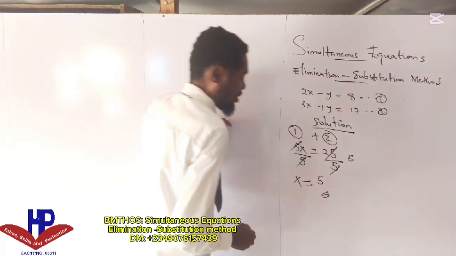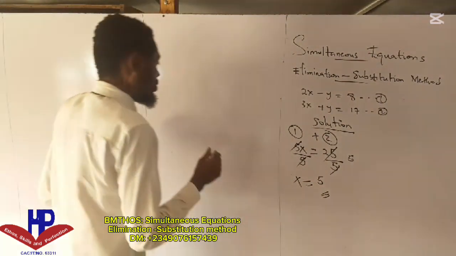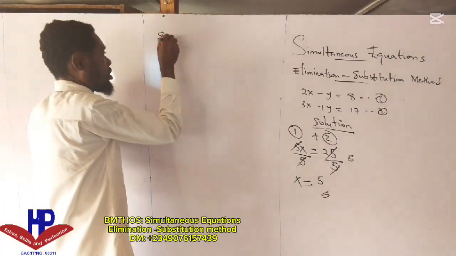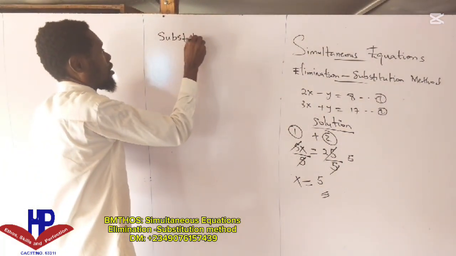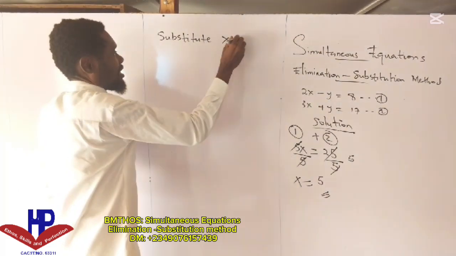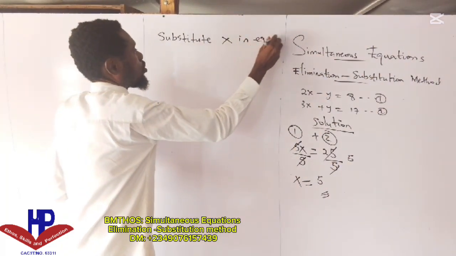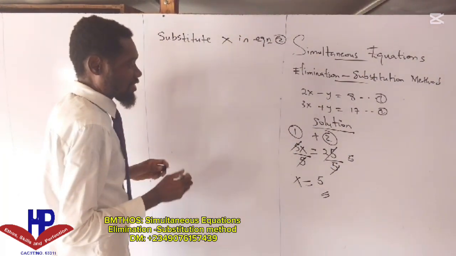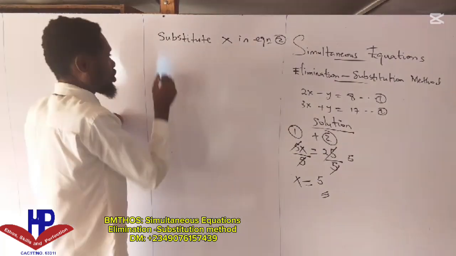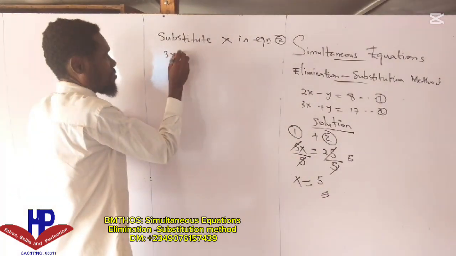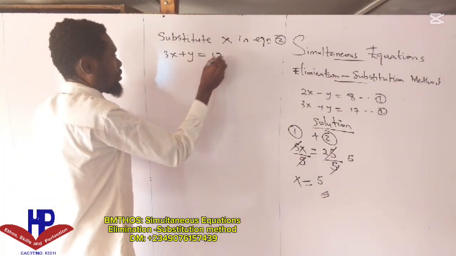Our x is 5. So since x is 5, you are going to substitute x in equation 2. Equation 2 is 3x plus y is equal to 17.